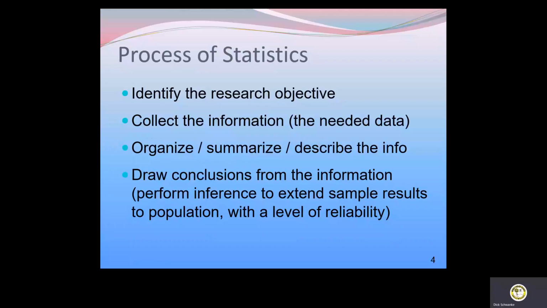Thirdly, we want to organize, summarize, and describe the information, that descriptive statistics we just mentioned. And then finally, we want to draw our conclusions from all those data pieces, from the sample data, and then extend those results into the population with some level of reliability.